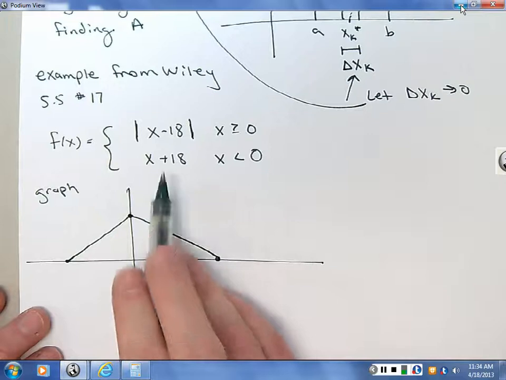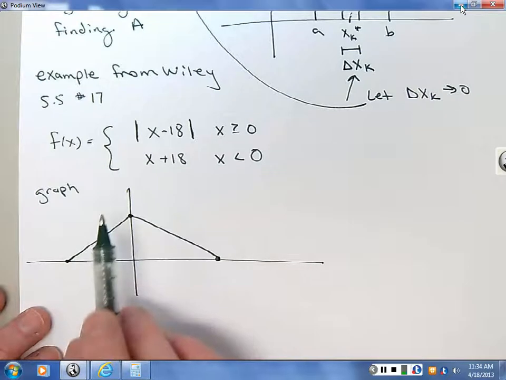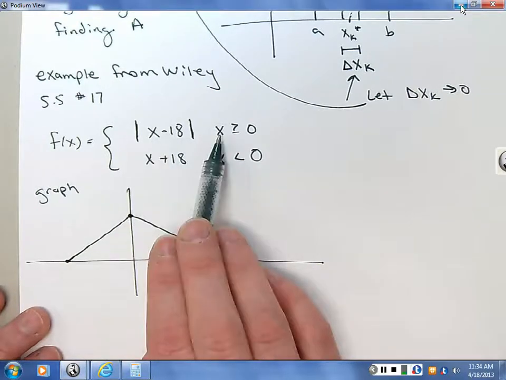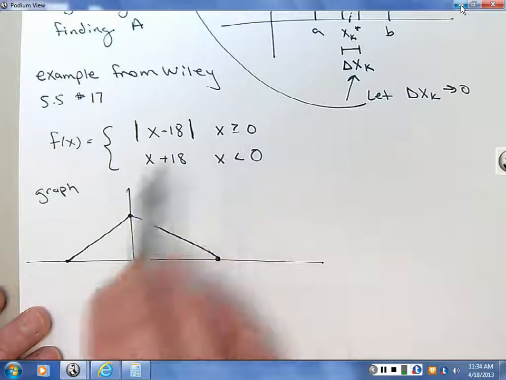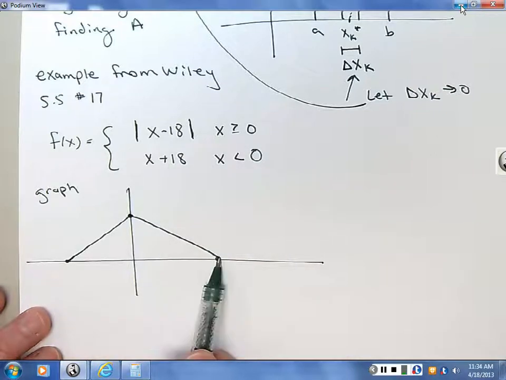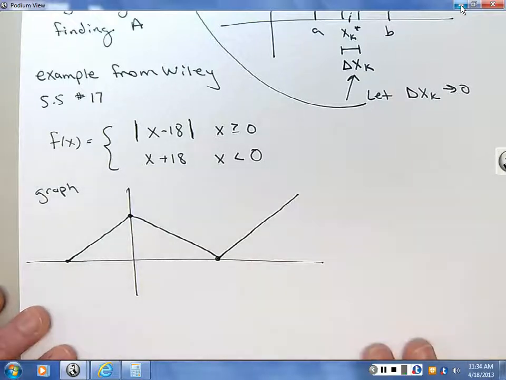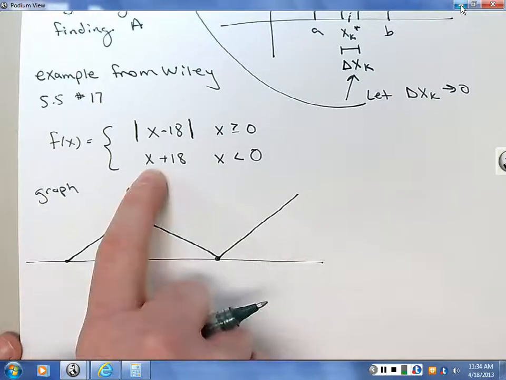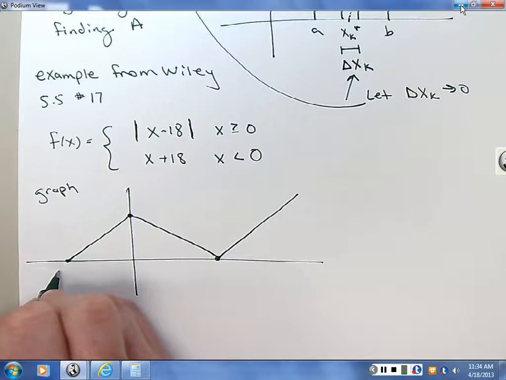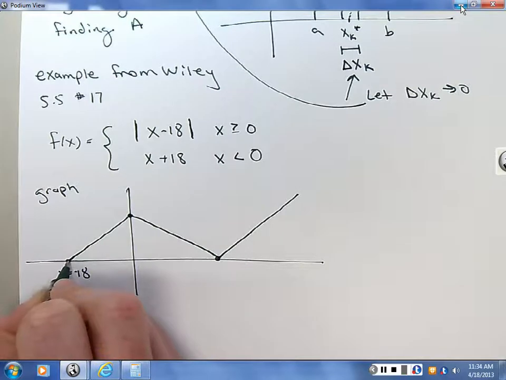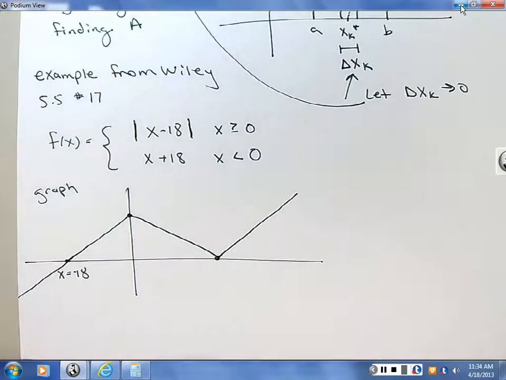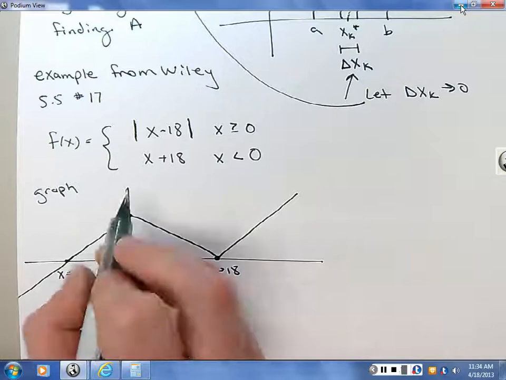From x equal to 0 to 18, I'm decreasing, and then from 18 on, I'm increasing with a slope of 1. At the point x is minus 18, my function is at 0, and this is a height of 18.